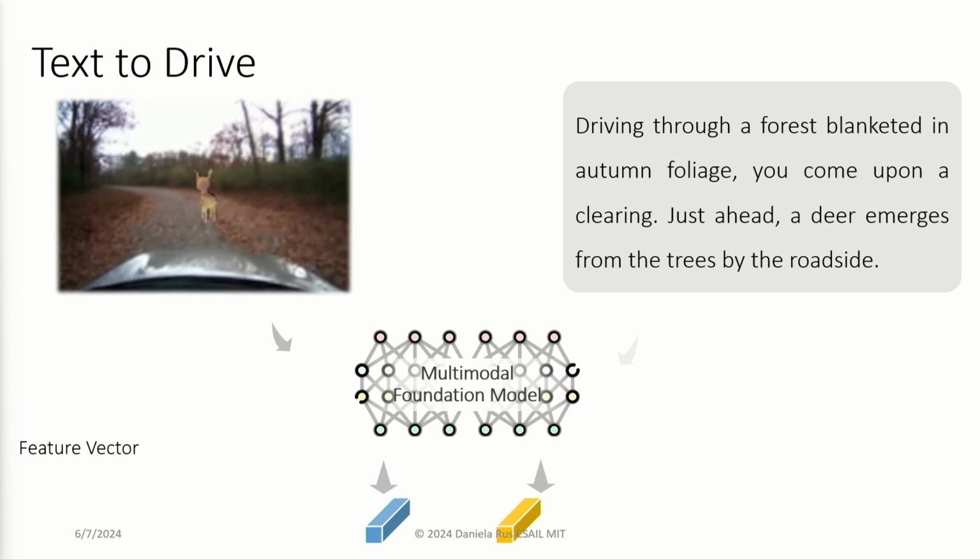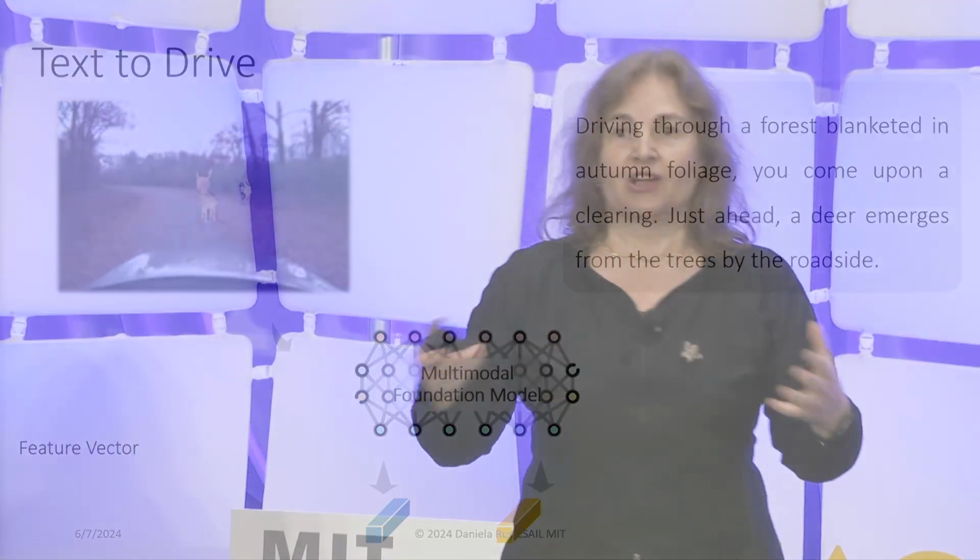And this alignment allows us to do this back and forth between reasoning in the language space and reasoning in the visual space. And this is exciting because now we can begin to talk about intelligence as not just the connection between perception and action, which is the way we used to think about robots, but as the connection between perception, language, and action. Where with language, we have the ability to elevate the level of reasoning of the vehicle and the level of interaction between the human and the vehicle.